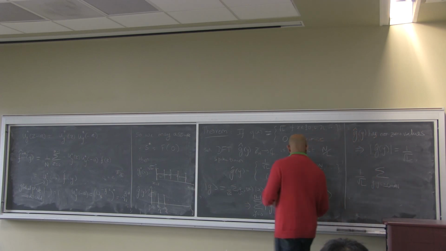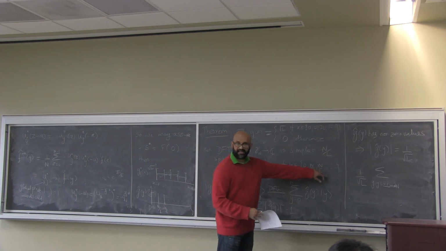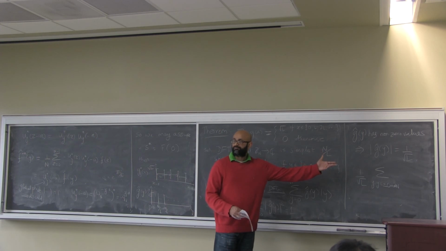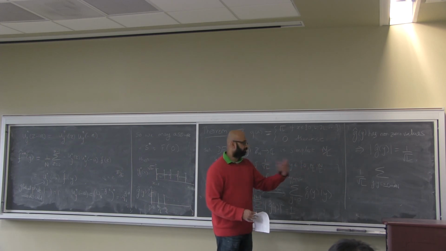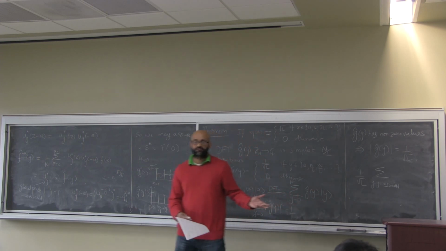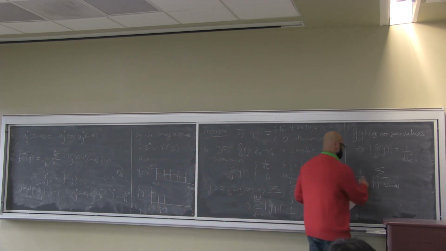Okay? Remember, if the only values of y belong to this set 0, n over L, 2n over L, etc., then y times L must be 0 modulo n, right? It must be a multiple of n, clearly. Okay? And if y dot L is a multiple of n, that means we have factorized n.